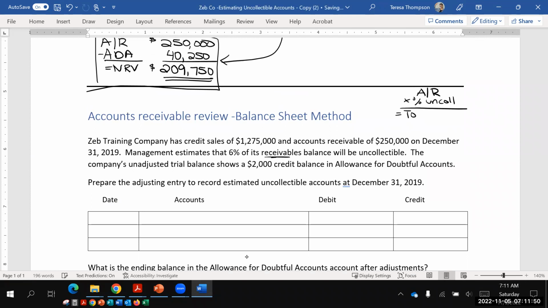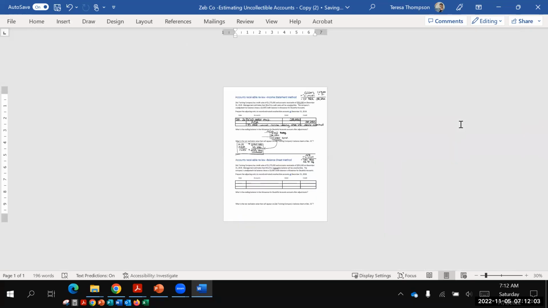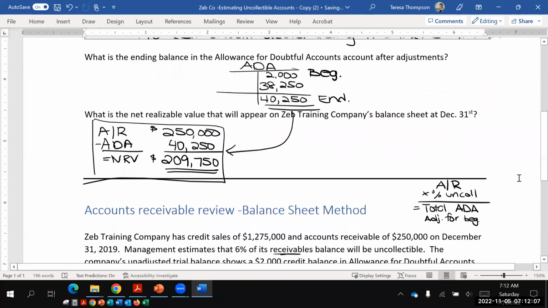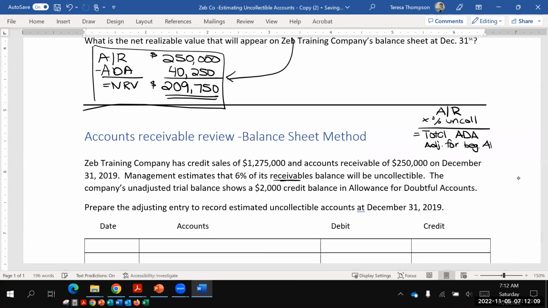That gives you your total ADA, minus, well, I guess I should say adjust for beginning balance. We don't know yet if it's add or subtract. Oops. Beginning ADA, that's going to give us the amount for our journal entry.